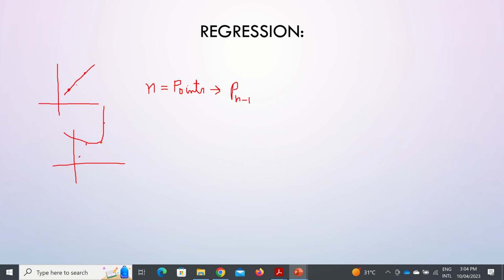As I said, if you have 2 points, the polynomial degree will be 1. If we have 3 points, the polynomial degree would be 2, and if you have 10 points, the polynomial degree will be 9. That's one thing. Secondly, if you find the interpolation for certain data points, the geometry of that polynomial must be passing through all the points.